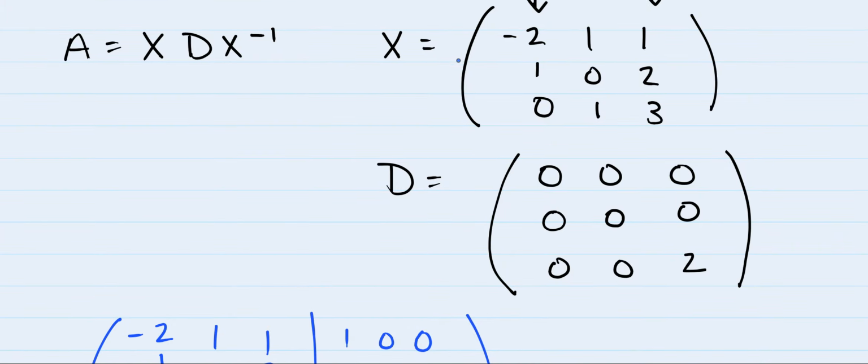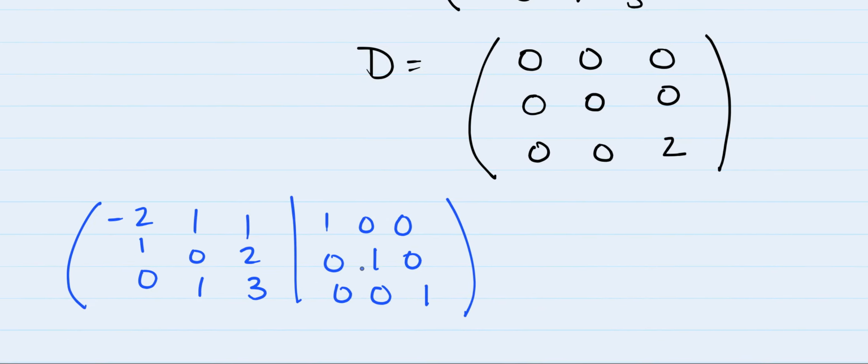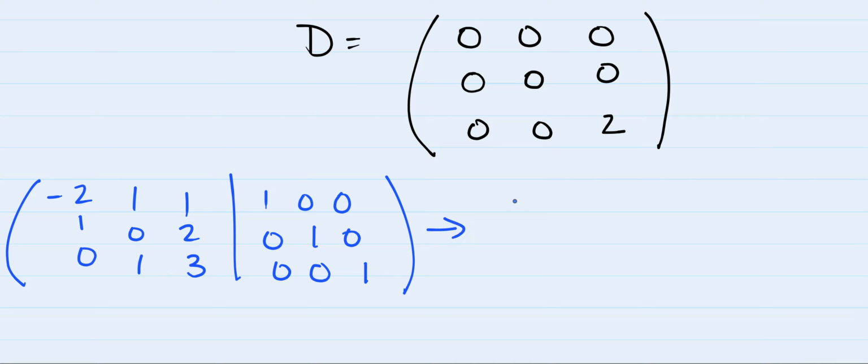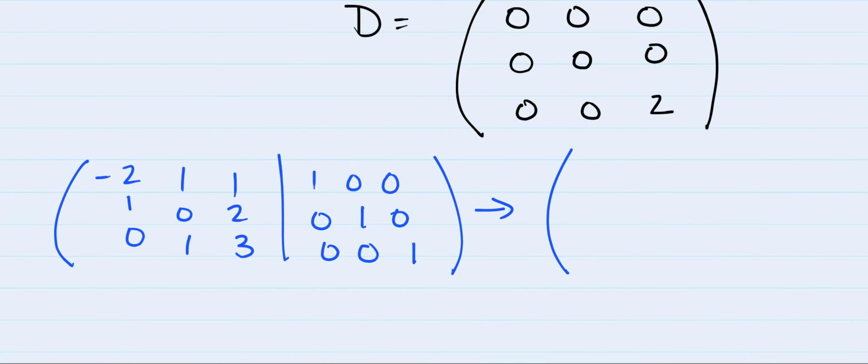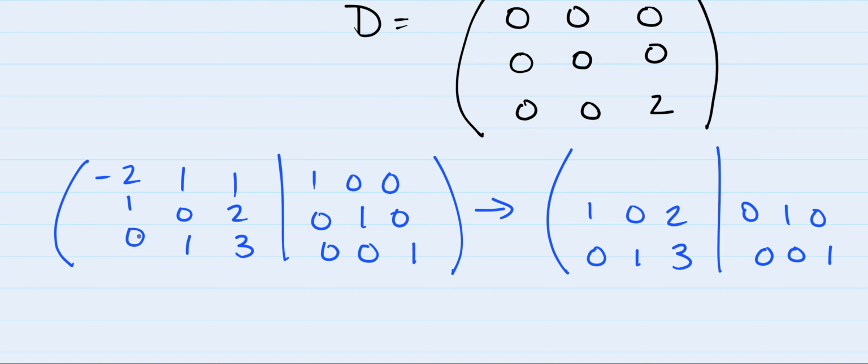So this is the matrix X with the identity matrix here. And then we're going to get this into reduced row echelon form. I am going to multiply this row by 2. Let me write it over here first: 1, 0, 2, 0, 1, 3. Keep these the same. And I'm going to multiply this one by 2. So this is 2, and this becomes a 4. This one becomes a 2, and then I'm going to add it to the top one.